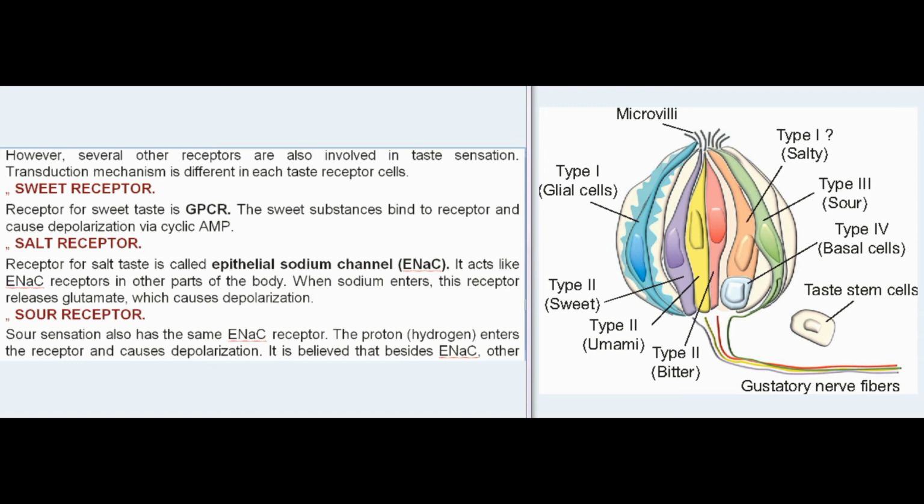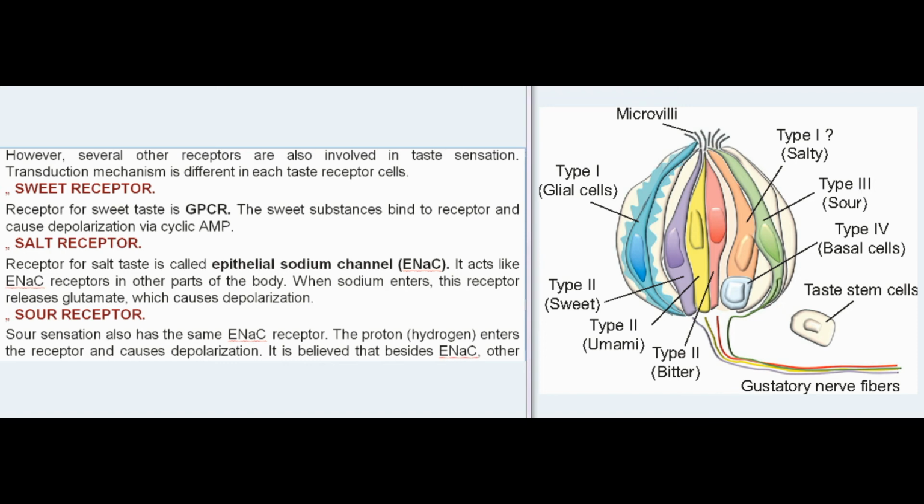Salt receptor. Receptor for salt taste is called epithelial sodium channel, ENaC. It acts like ENaC receptors in other parts of the body. When sodium enters, this receptor releases glutamate, which causes depolarization. Sour receptor. Sour sensation also has the same ENaC receptor.